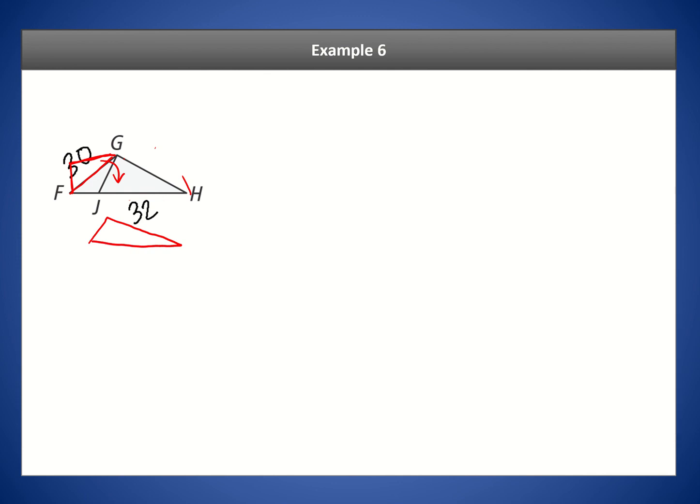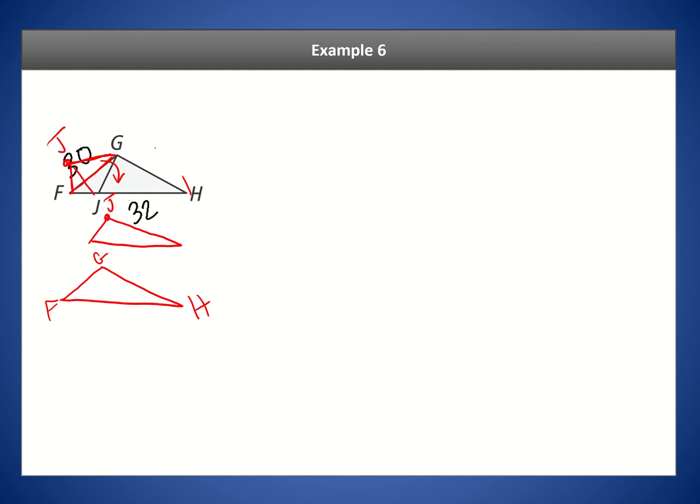So let's draw the big triangle. This big triangle is FGH, and this small one that we did, this is going to be my new J because it reflected.